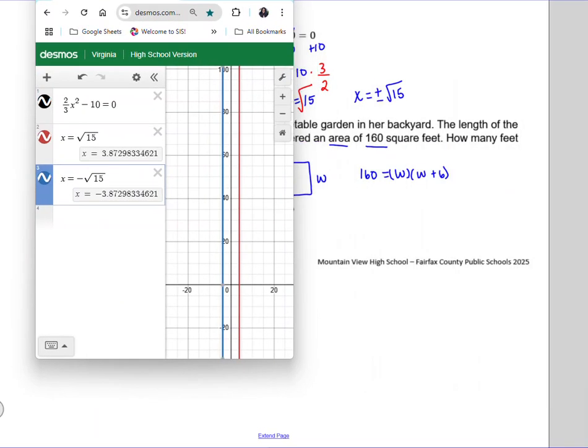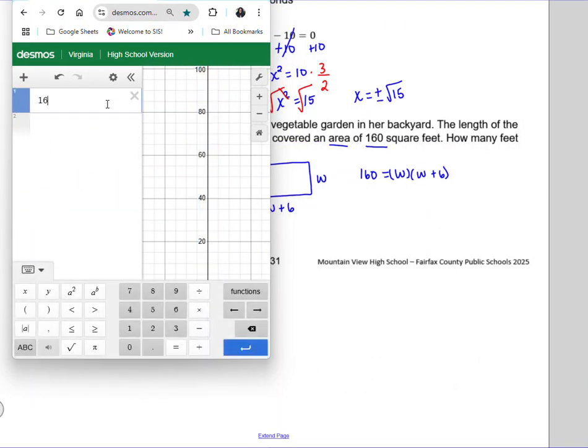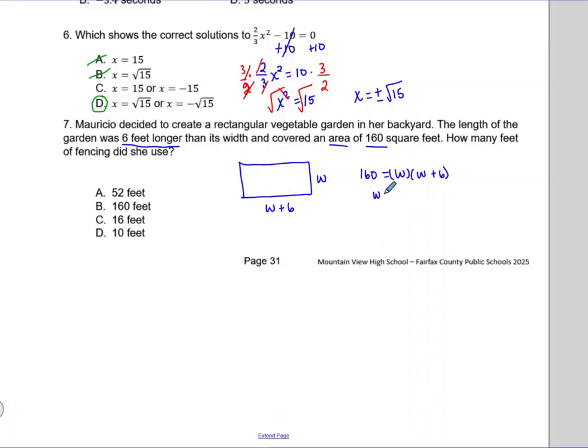So when I'm plugging it in, just a reminder to put x instead of w. We saw that in the previous problem. So you have x plus 6. And then I have two solutions, one negative and one positive. I'll go ahead and take the positive. So the width is equal to 10. Okay? So the width is equal to 10. Now be careful here.